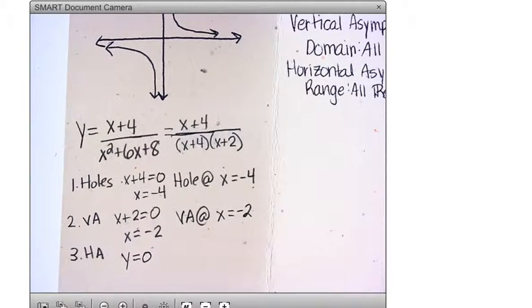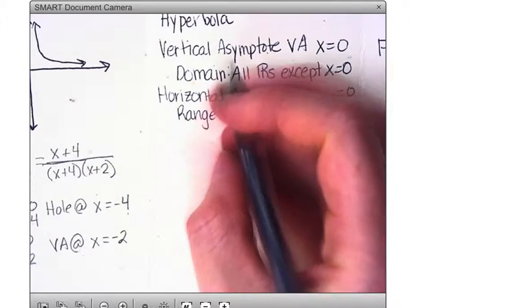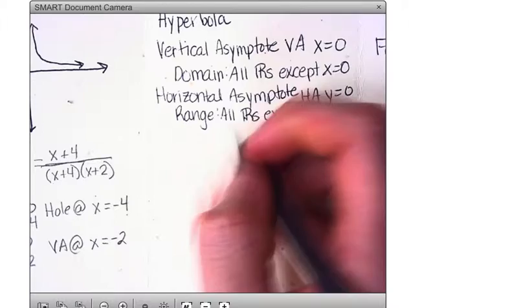Are you with me? Questions? You have to do all 3 of those. Okay, watch. I'm not going to give you homework, so pay attention for the next 2 minutes, okay?